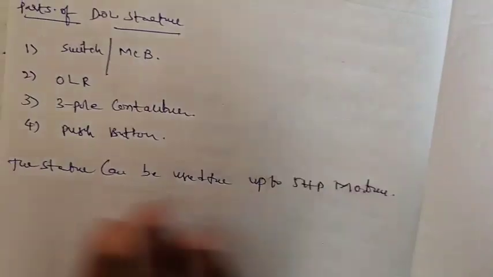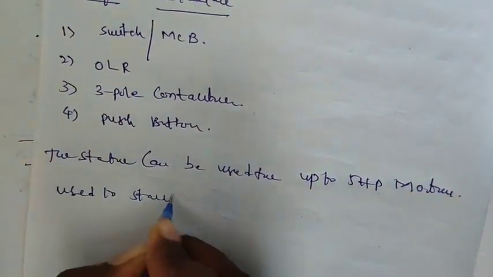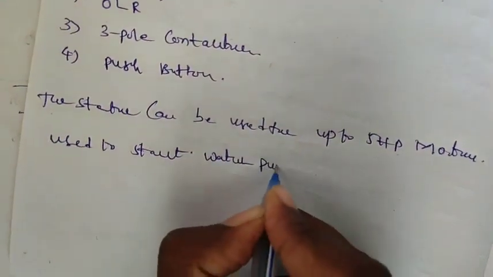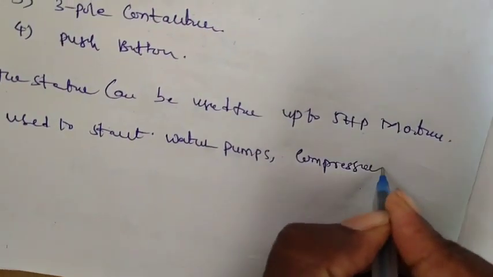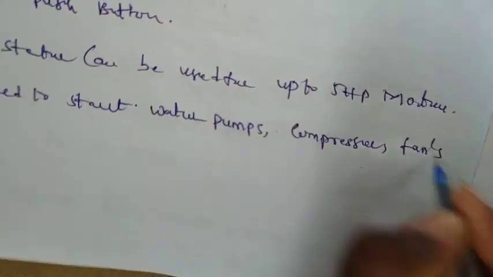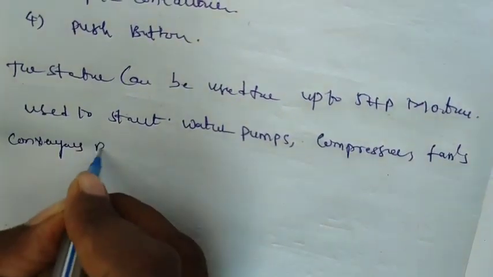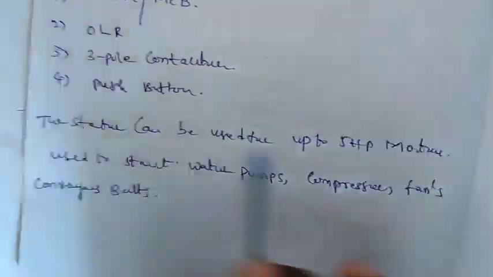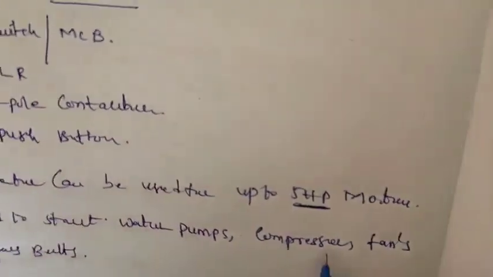This can also be used to start water pumps, compressors, fans, conveyor belts. So the direct online starter rating is up to 5 HP motors, and it is also used in different applications like water pumps, compressors, fans, and conveyor belts.